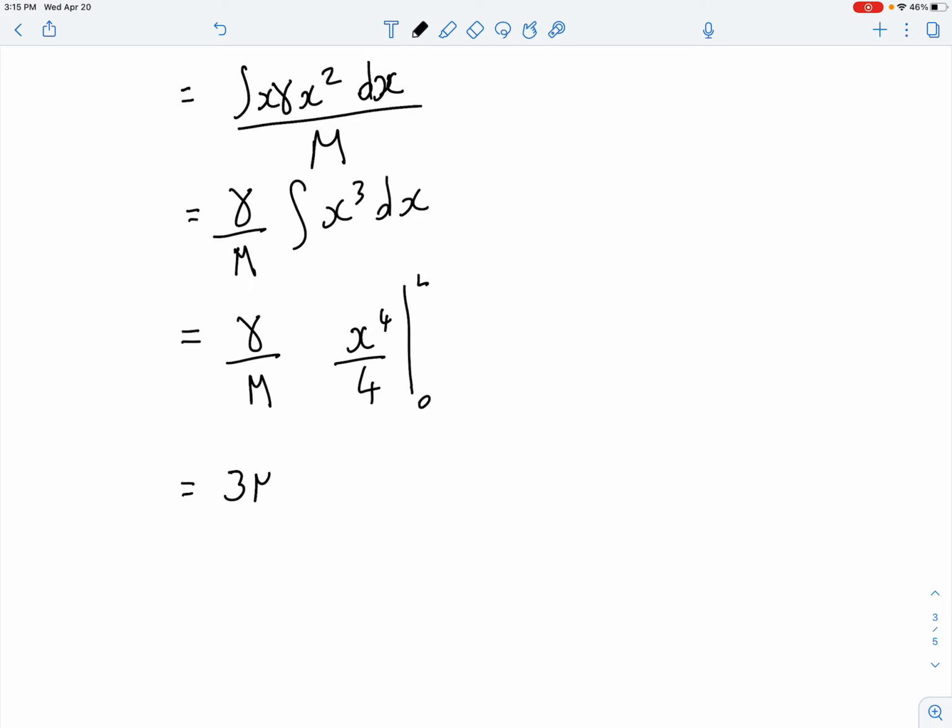So that becomes 3m over L cubed times, at 0, the whole thing becomes 0. When you substitute the top minus the bottom, if I put in 0, the whole thing becomes 0.